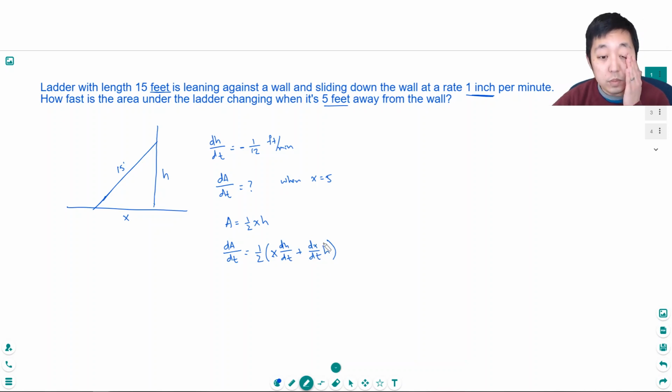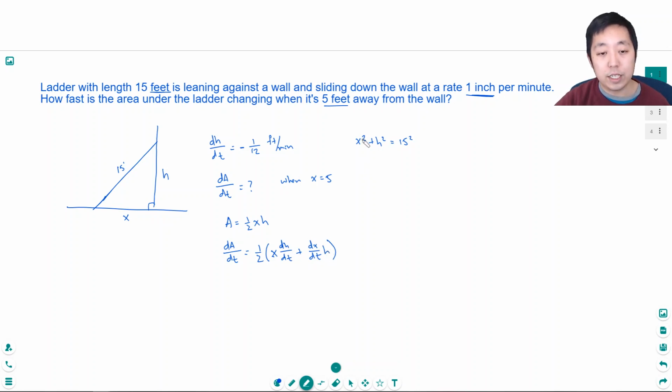Well, fortunately, there's an equation that relates x and h, and I haven't used the fact that it's 15 feet. What relates x and h is the Pythagorean theorem. Because I know x squared plus h squared equals 15 squared. Okay? So this lets me figure out both of these things, actually.